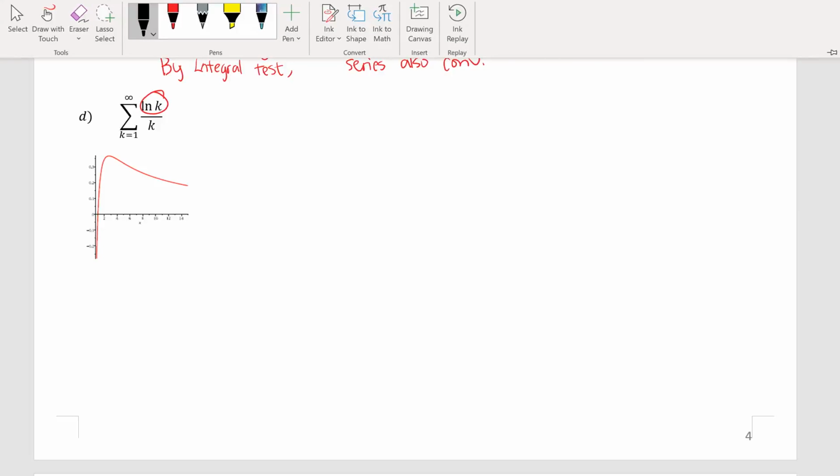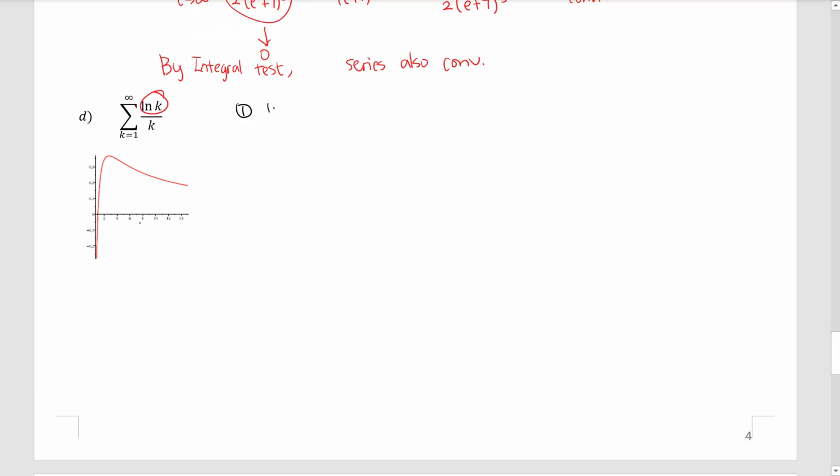The first step, you always compute the limit of the sequence. So for the limit of the sequence, do you remember that ln of k and k, which one goes to infinity faster? Natural log function and k, which one goes to infinity faster?